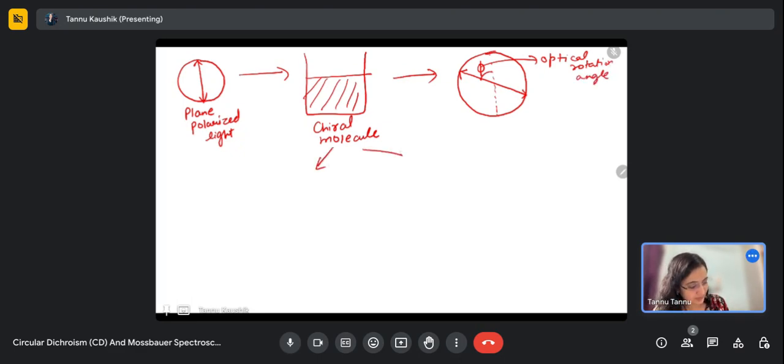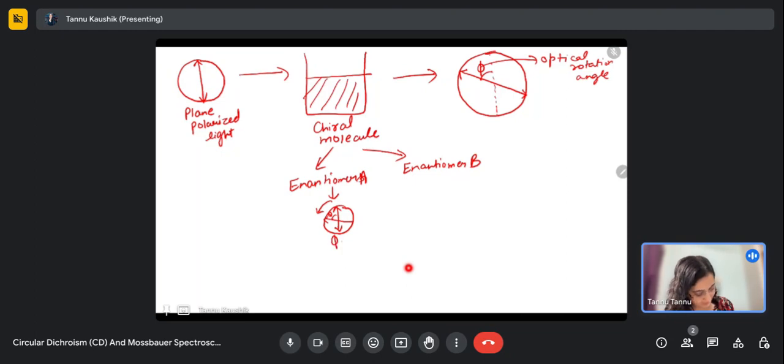So now this chiral molecule has some enantiomers, enantiomer A and enantiomer B, such that enantiomer A rotates the light anti-clockwise and enantiomer B rotates the light clockwise.